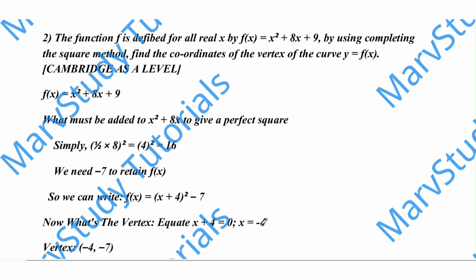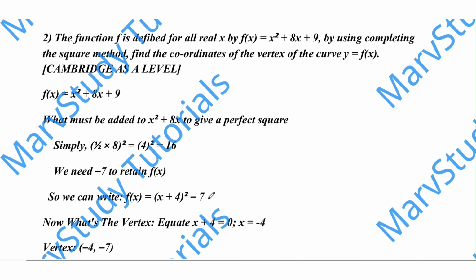So the x value is what? Negative 4. And what determines the y value? This. That means this was actually a perfect square resting on the x-axis, and then it now undergoes a vertical translation by minus 7 units.